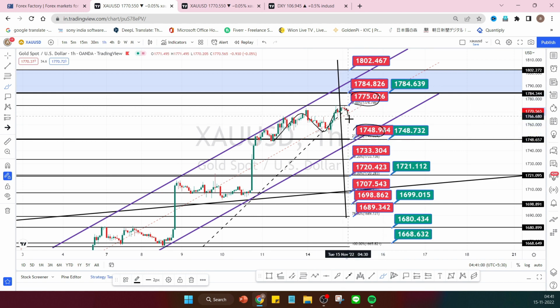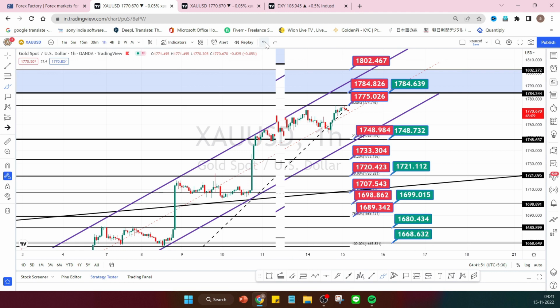So wait for the price action to break this support level of 1748, and next level of support is going to be around 1733, 1720, 1707, 1700 and 1690. And if the price action breaks the resistance level of 1775, next level of resistance is going to be around 1784 and 1800.